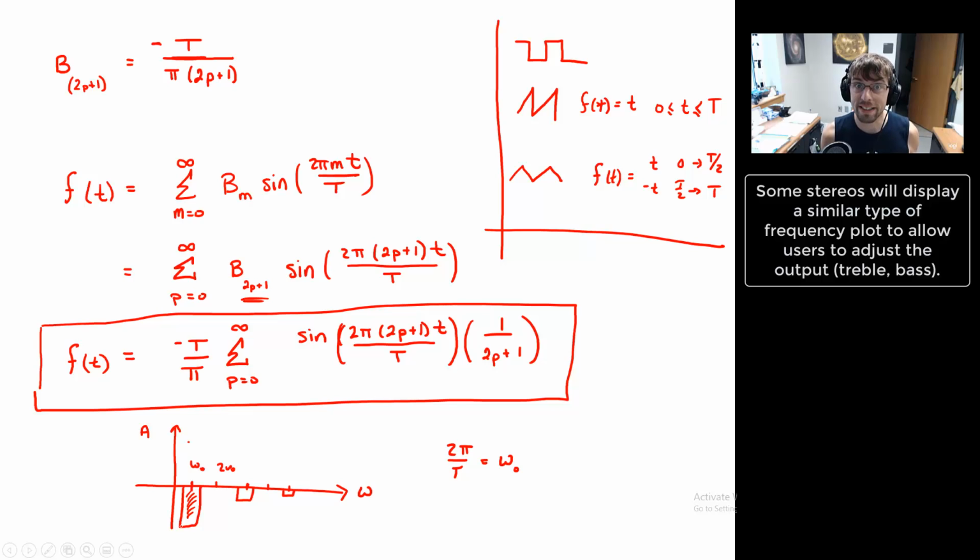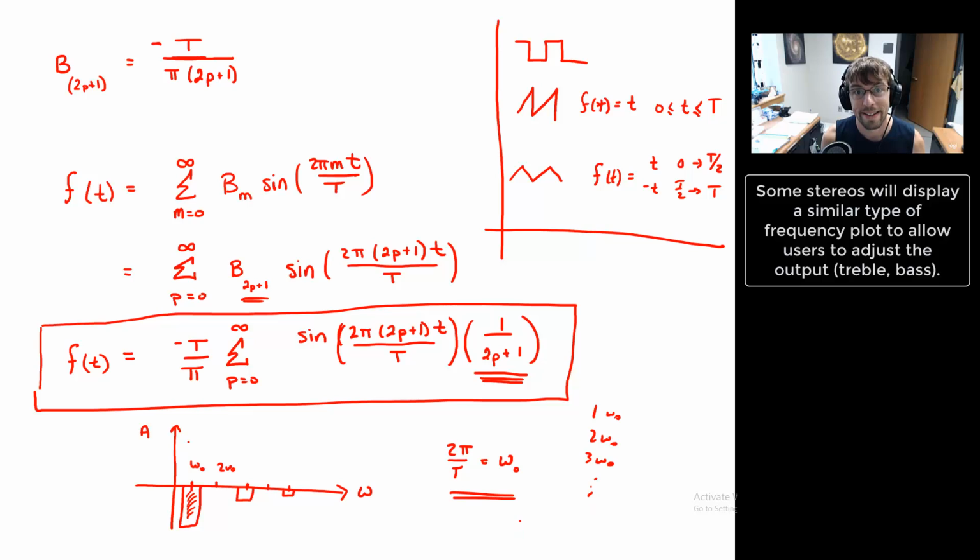And so that is a different way of representing the same function. What you're doing is plotting, if you will, this amplitude, this 1 over 2p plus 1, as a function of this omega naught. And then notice that with 2p plus 1, you get 1 omega naught, 3 omega naught, and so on.